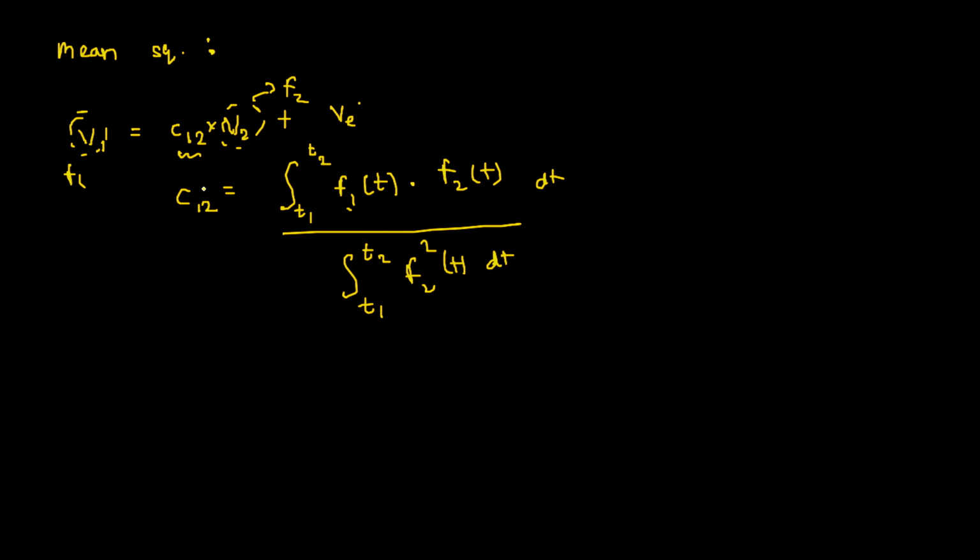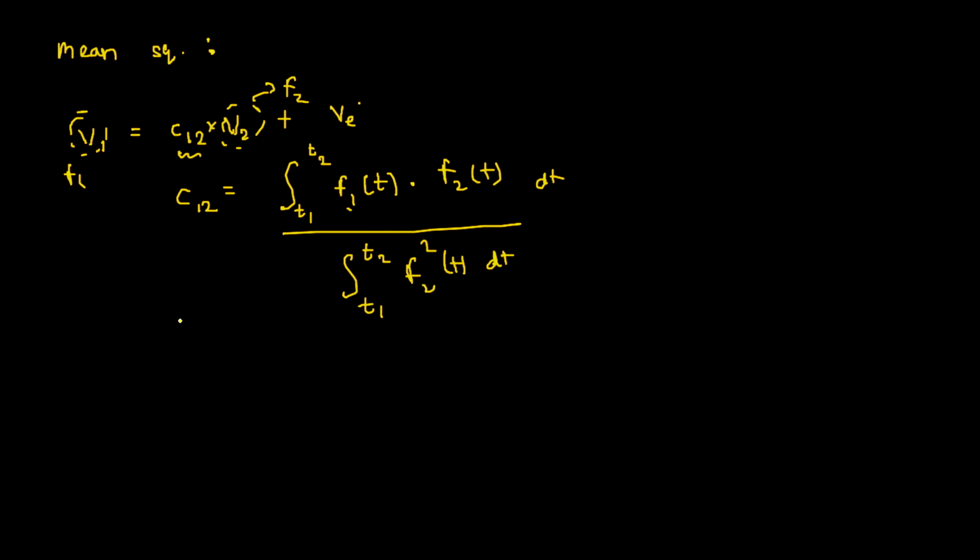So C12 gives us the relation between f1 and f2, like by multiplying what number into f2, you will actually get the function f1. It is a very good system to express it, but there will always be a certain error, due to which we have the error vector mentioned separately.